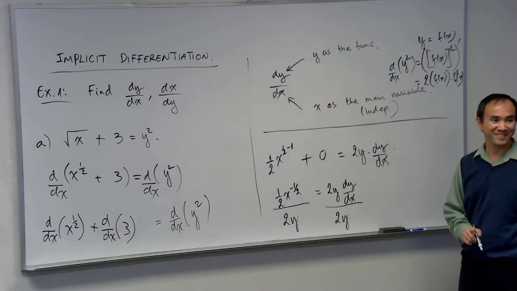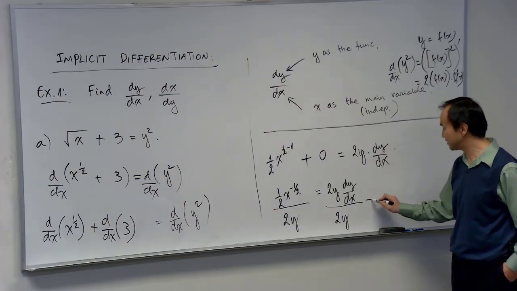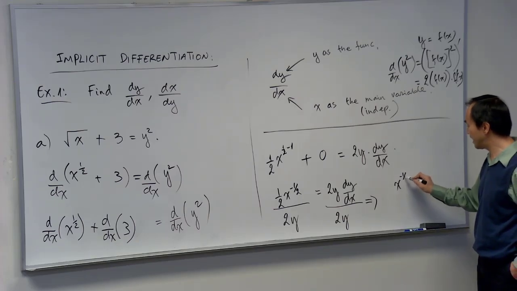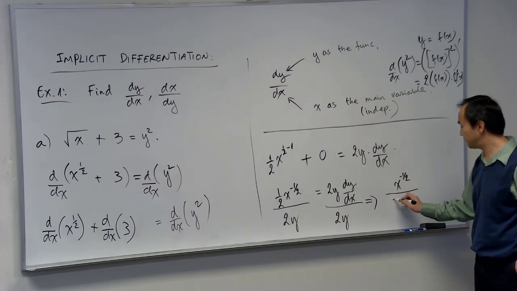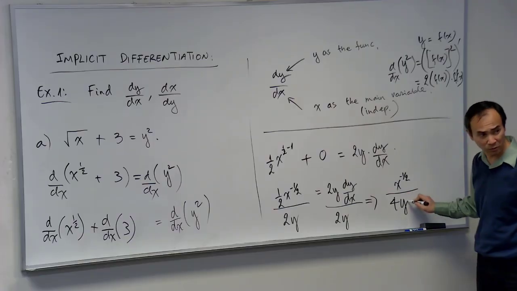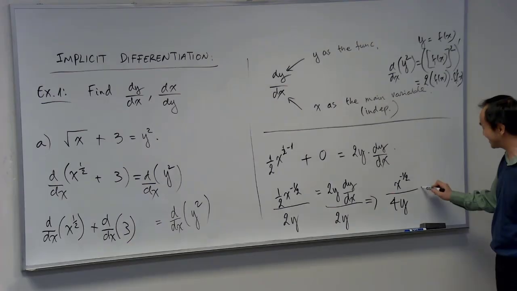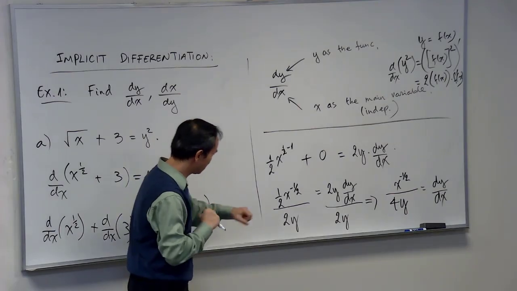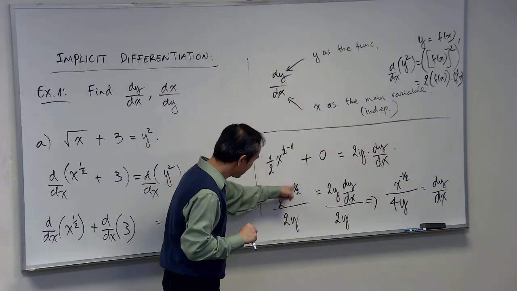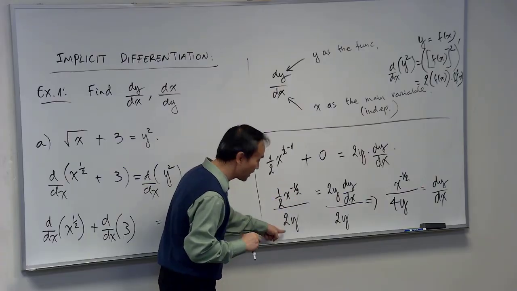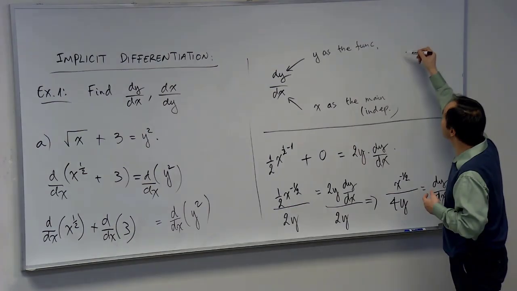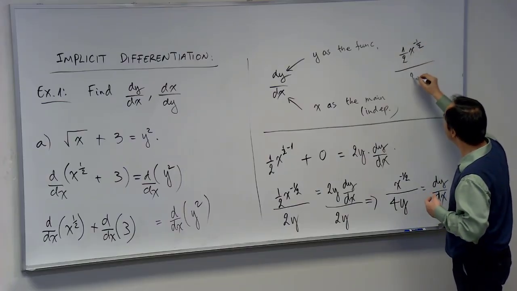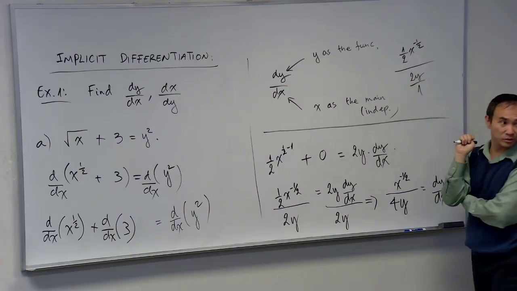Look at that there. The 2y's here will cancel, so now I'm looking at the x to the negative 1/2 all over a 4y. How's that? You guys following with the algebra right there? That equals dy/dx. So think of that as x to the negative 1/2 over 2, but divided by 2y, which is 2y over 1.